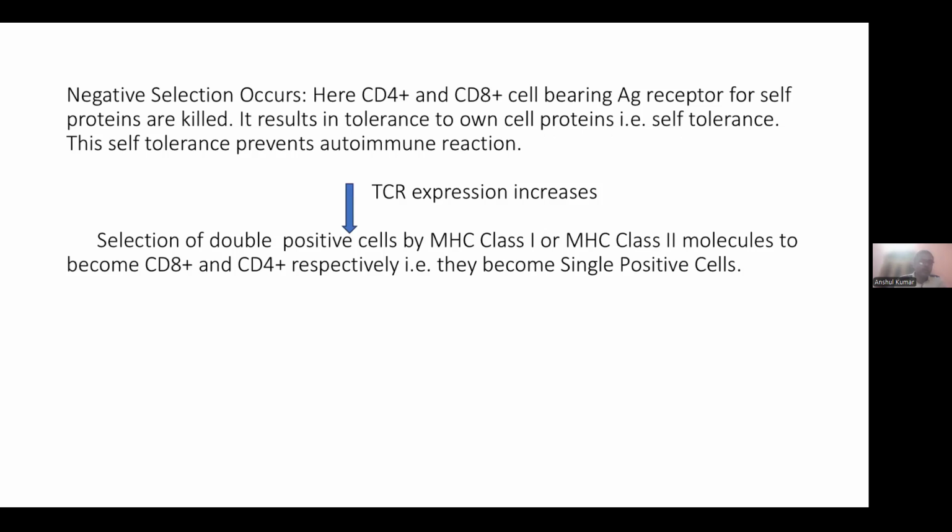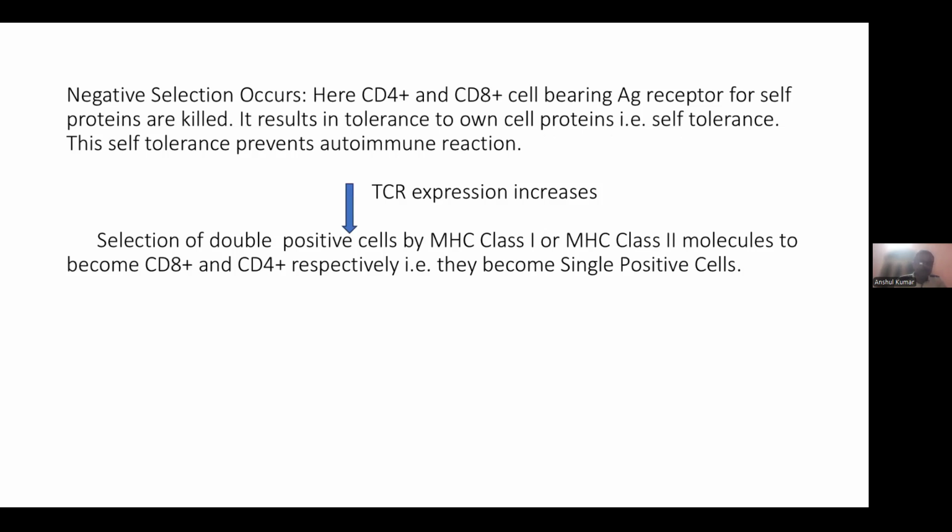That is negative selection, mediated by signal transduction through T cell receptors, leading to induction of apoptosis and eventual clonal deletion. The removal of these self-reactive cells through negative selection results in tolerance to own proteins, and that is called self-tolerance, and this self-tolerance prevents autoimmune reactions.